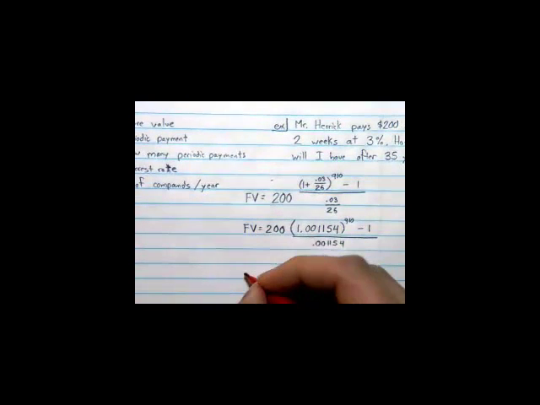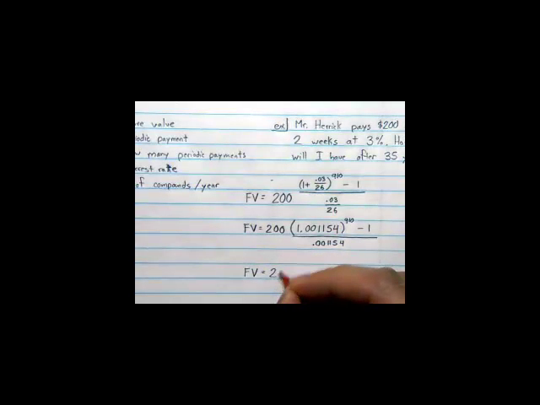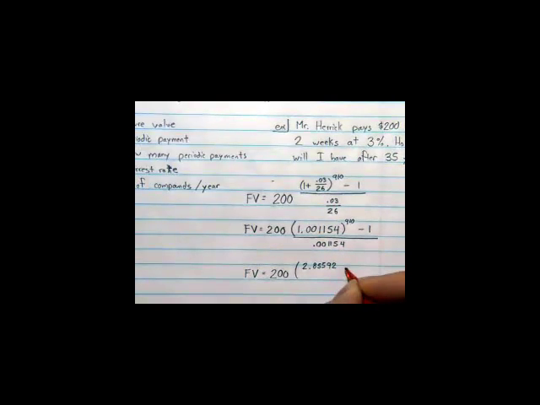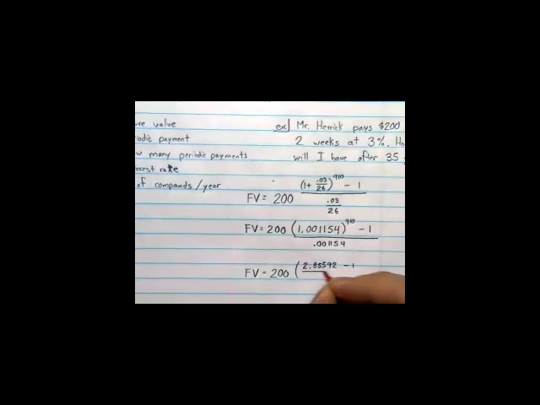Okay, so we'll keep working our way through this. So 200, I'll raise this to the 910 and see what that gets us. Okay, so I've got 2.85592 minus 1 over 0.001154.